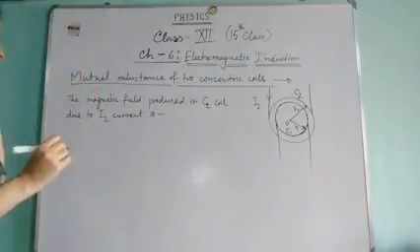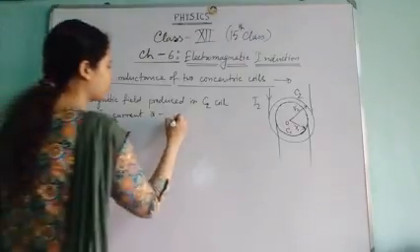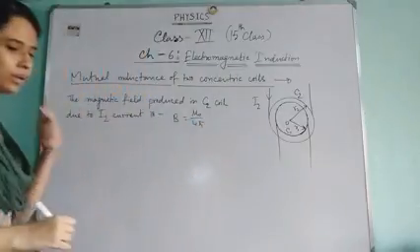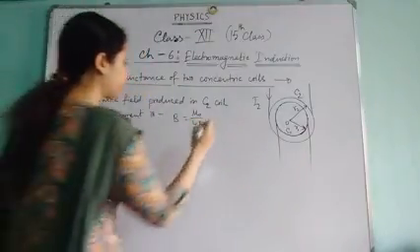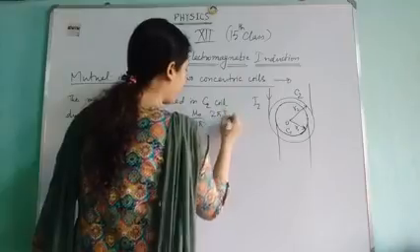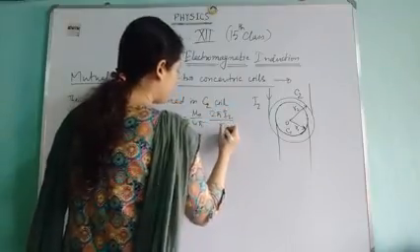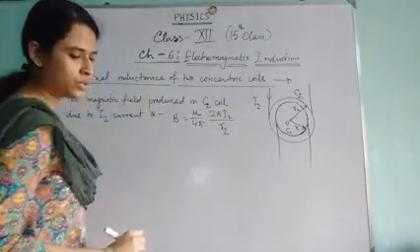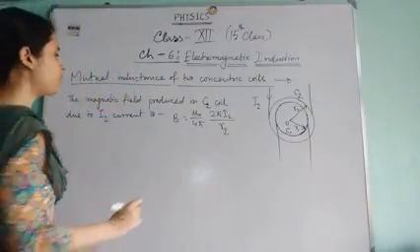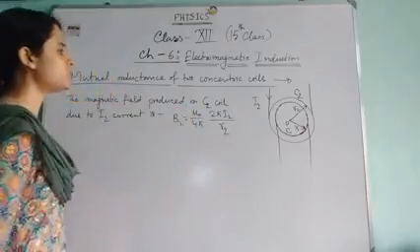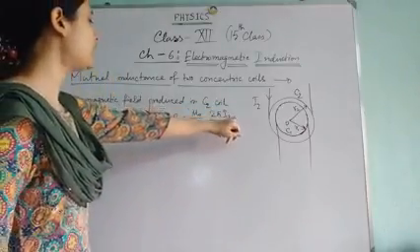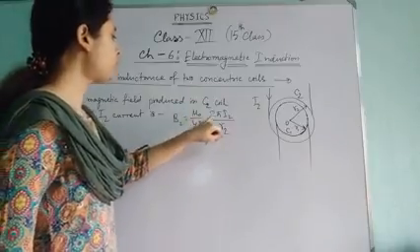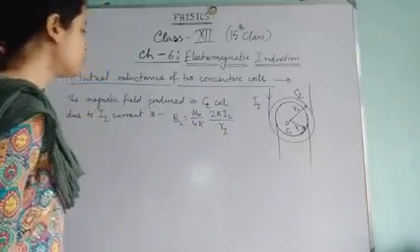B equals mu 0 by 4 pi, 2 pi I2 by R2. So the magnetic field produced in the C2 coil due to I2 current can be written as B2 equals mu 0 by 4 pi, 2 pi I2 by R2.